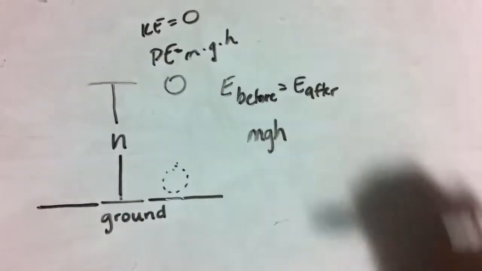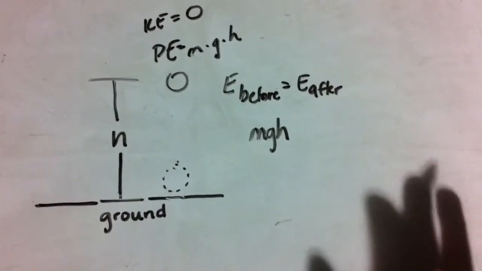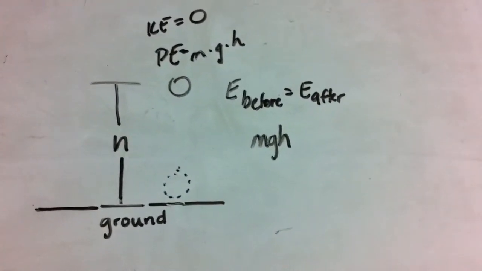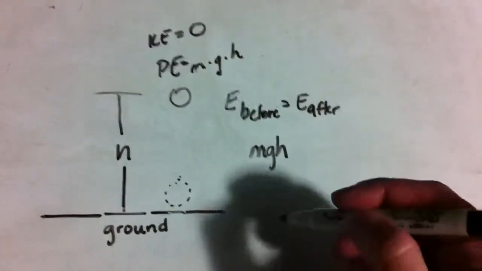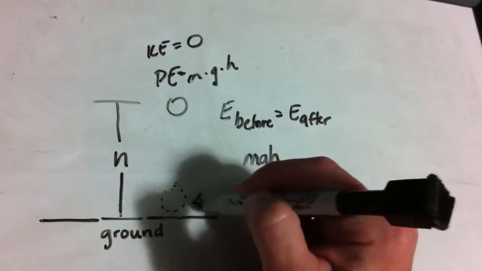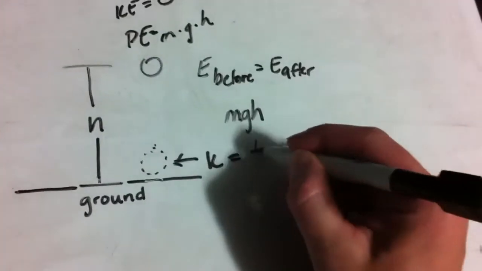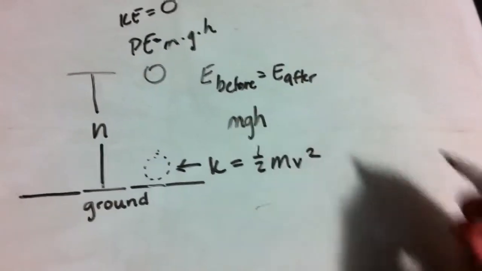And this is our energy before we drop the ball. Now the energy after we drop the ball is the final energy. And we're going to say that that is all kinetic energy. The kinetic energy, as an equation, is equal to 1/2 the mass times velocity squared.